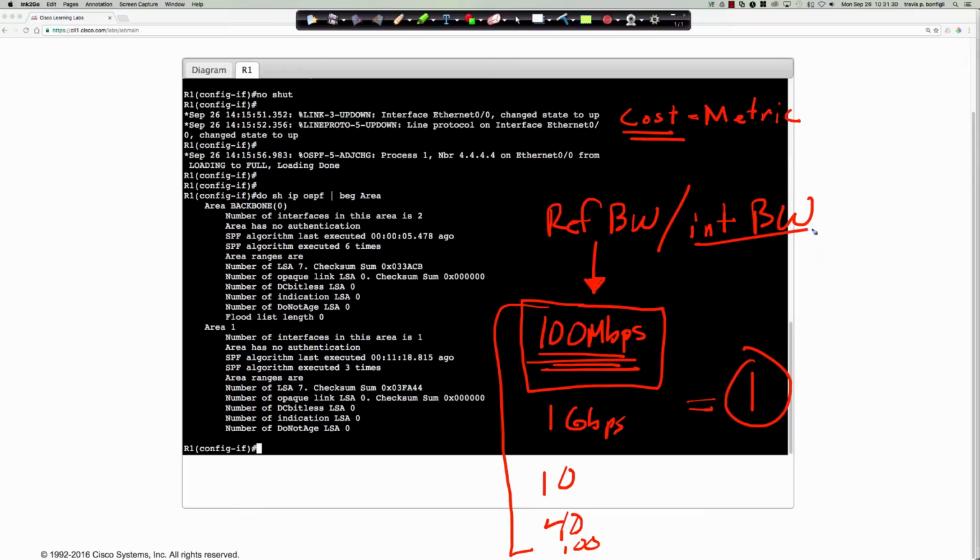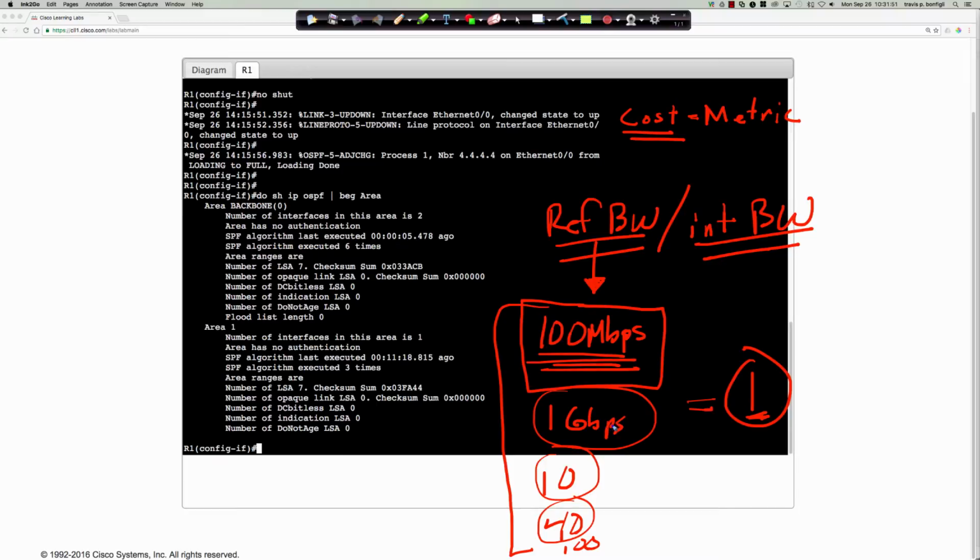Because again, when we divide the reference bandwidth by the interface bandwidth, if we end up with numbers that are much larger than the reference bandwidth, we can't get 0, so we end up with 1. And all of these interfaces are treated the same.